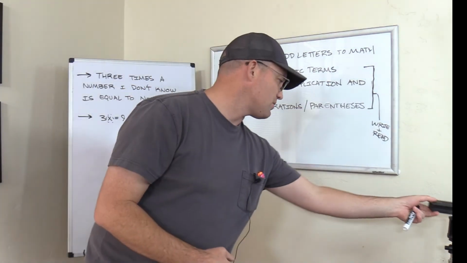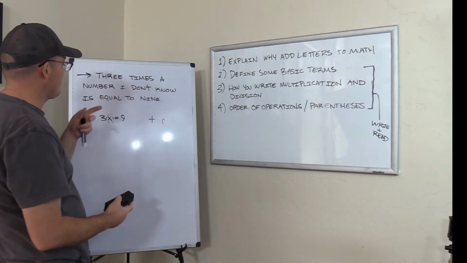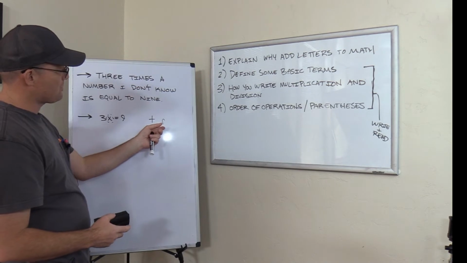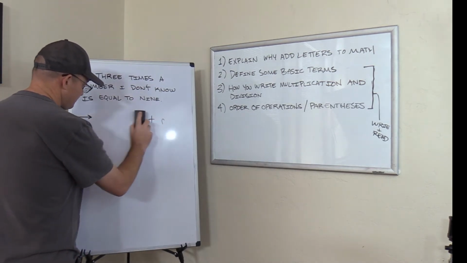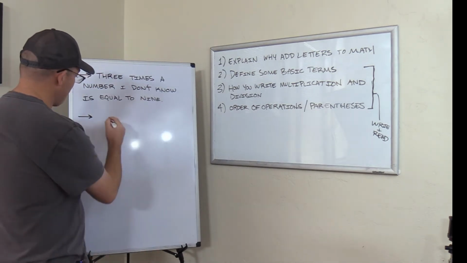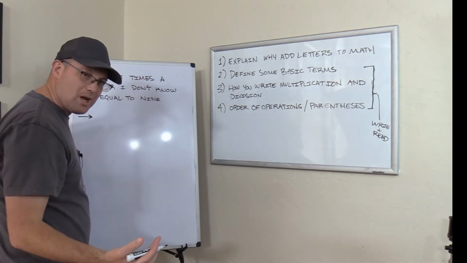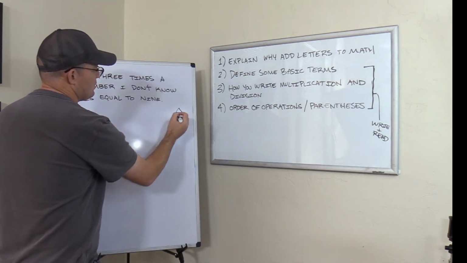But I want you to understand the letters are just a symbol to represent a quantity that we don't know. Sometimes it represents a quantity we do know, but most of the time it's a quantity we don't know. It could be any symbol. For example, you could use shapes if you wanted. Let's say we use a triangle.